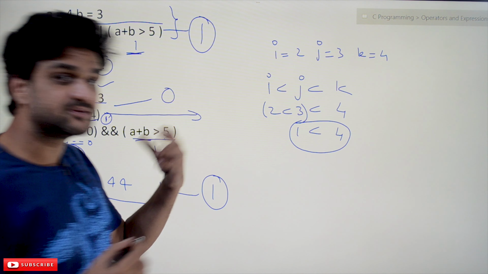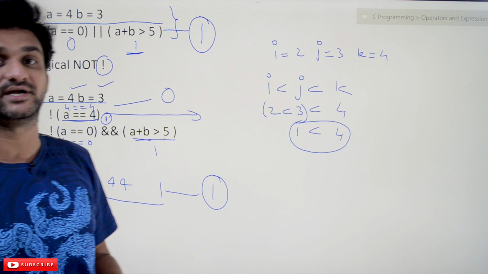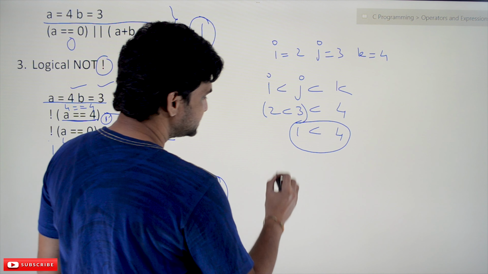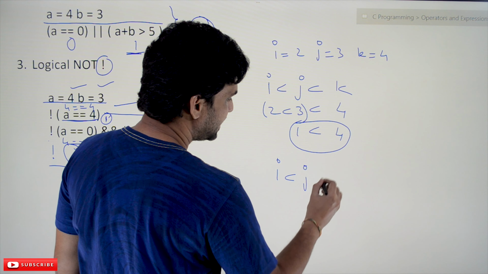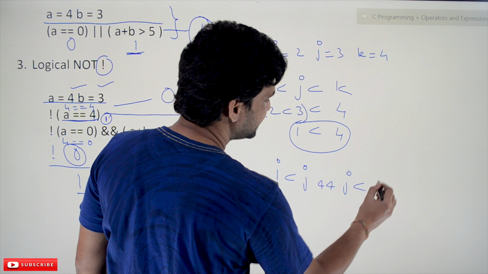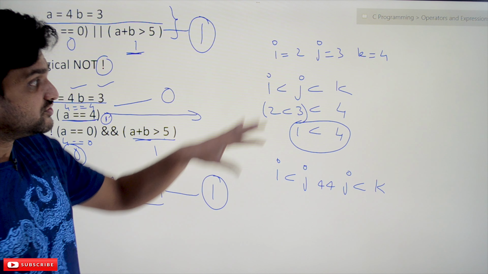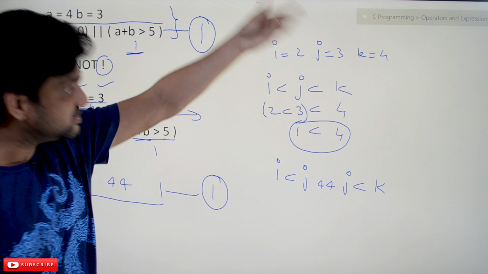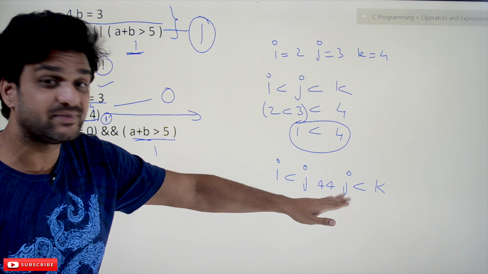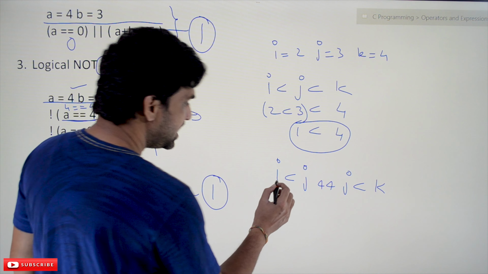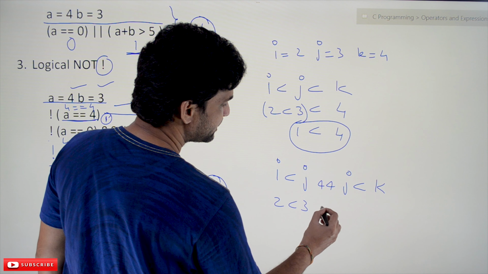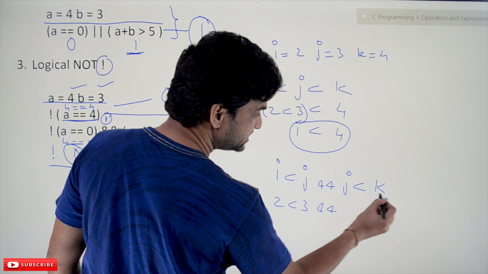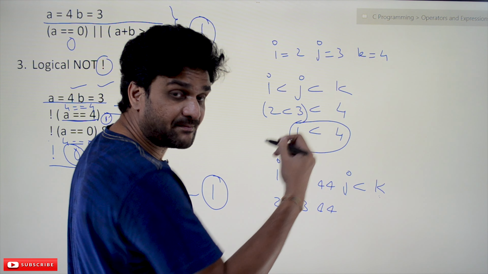So these kinds of problems can be solved by using the logical AND operator. This expression can be rewritten as i less than j and j less than k. Now this is what we are expecting. The actual evaluation of this expression happens like this: i less than j, 2 less than 3, and what we are expecting is that j has to be compared with 4.